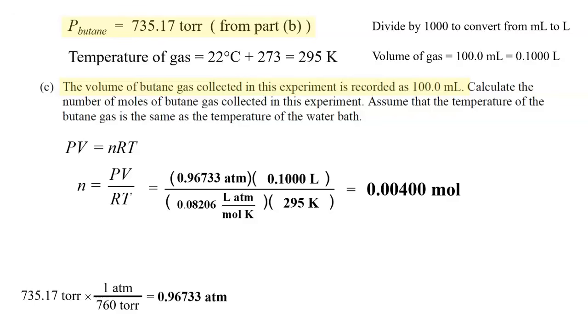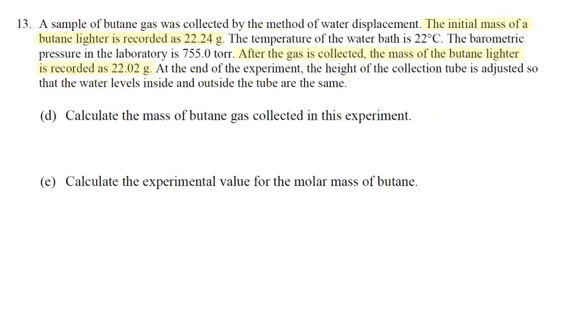All right, now let's take a look at part D of this question. In part D, it says calculate the mass of butane gas collected in this experiment. So the initial mass of the butane lighter was 22.24 grams, and after the gas is collected, the mass of that butane lighter is recorded as 22.02.